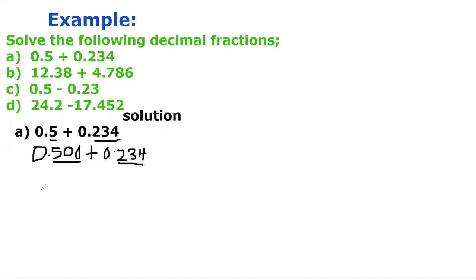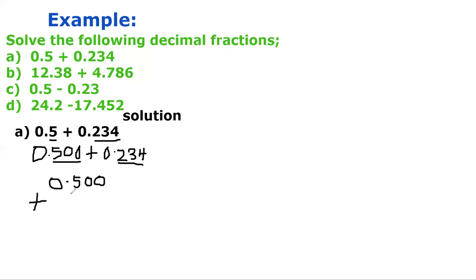Now you add in the vertical form, okay? So you first put your 0.500, and then you bring your addition sign here.